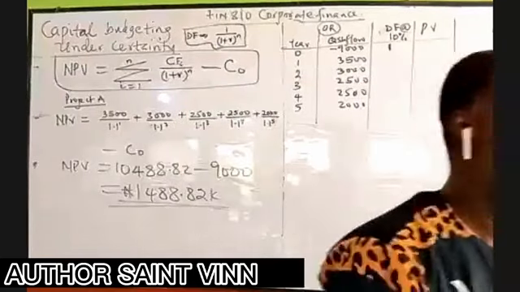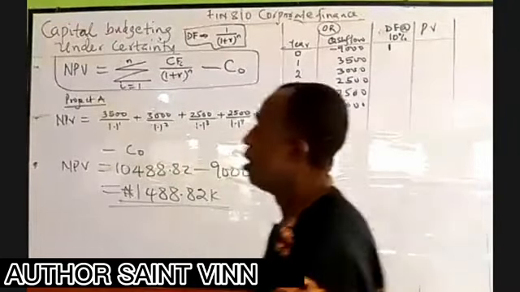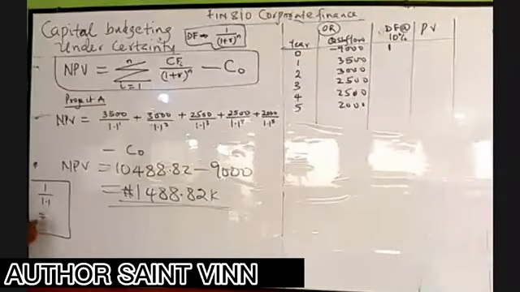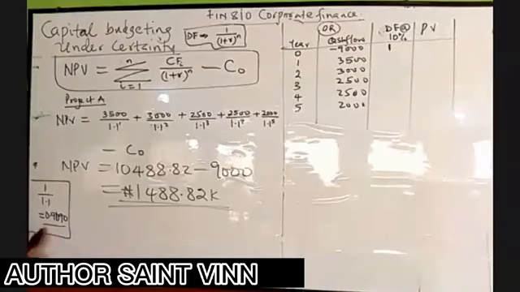Somebody help us. 0.909. 1 over 1.1, what's the result? 0.909. Instead of me going through this process, because I don't like it, this is what you should be doing.